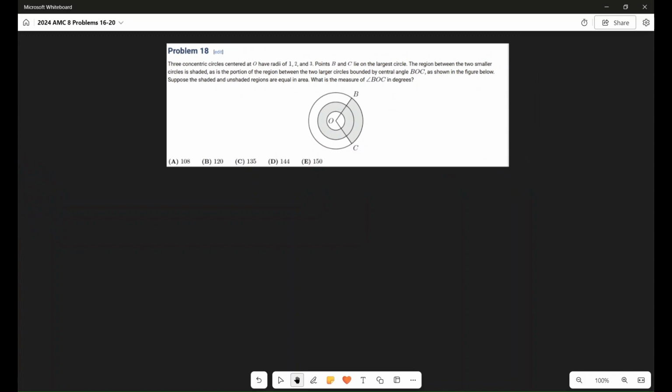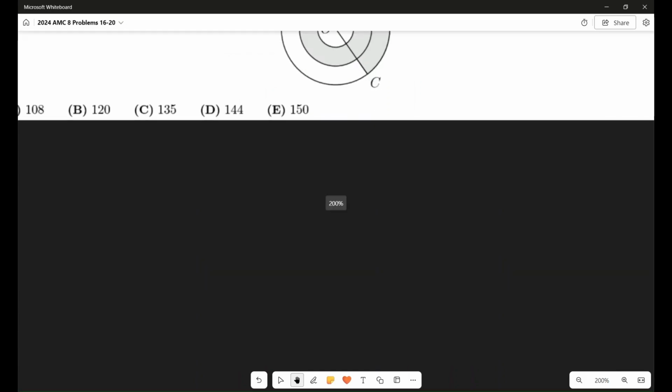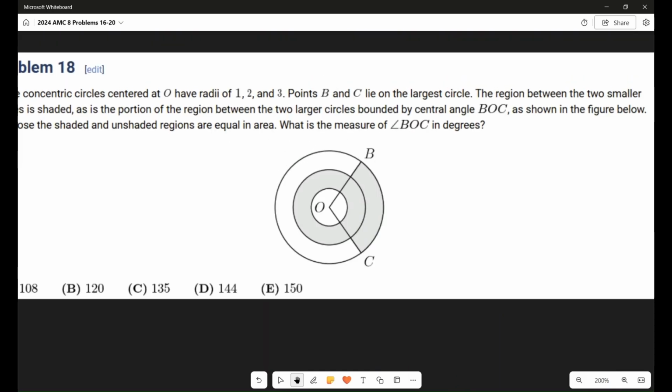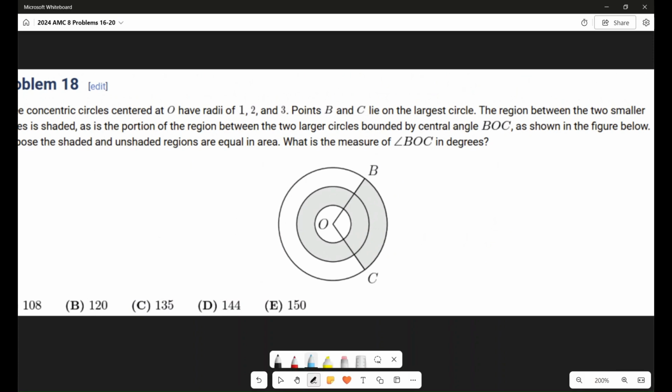So that's a lot of information. So let's start by finding areas, any areas. So let's zoom into the diagram a little. Here we go. So we're given the radii. So the inside circle has an area of pi.